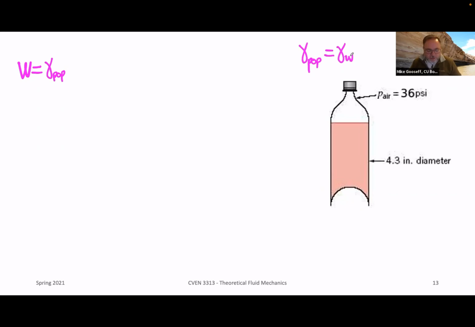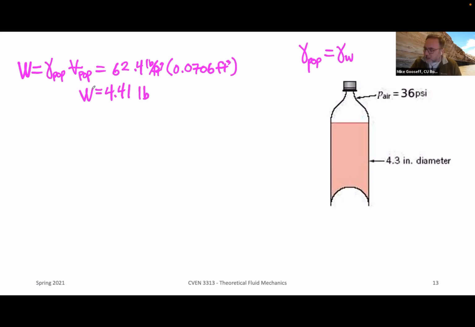So we'll just use 62.4 pounds per cubic foot again, and multiply by the volume of pop, which we already calculated. So this is 62.4 pounds per foot cubed times 0.0706 cubic feet, and you come up with 4.41 pounds of pop or soda.